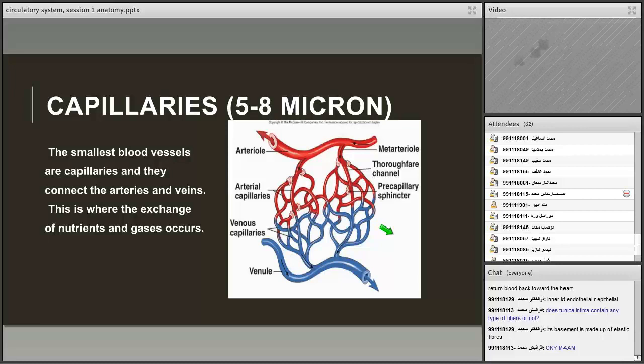We have capillaries in all parts of the body. The most extended and the most complicated system in the body is the circulatory system. If you think about the respiratory system, for example, you will see that it starts from the nose and ends in the lungs, in the chest, okay? But a system like the circulatory system is present in all parts of the body, from toes and fingers to each small part of the body.